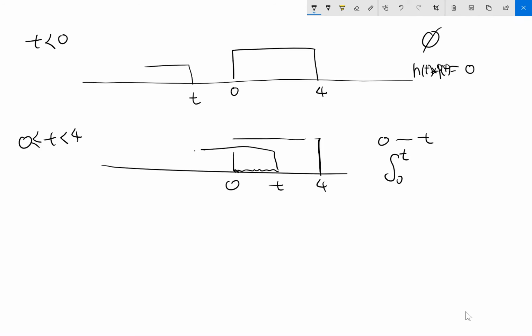Inside is h tau times p of t minus tau. These two functions are constants, so we just write the constants: 1 times 2 d tau. This is t times the amplitude, so it's 2t. And this is the convolution.